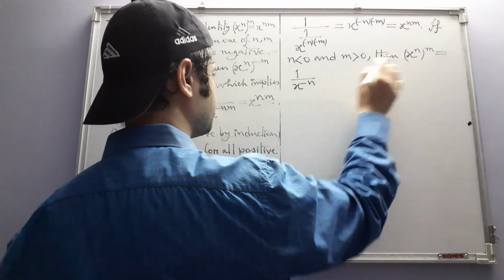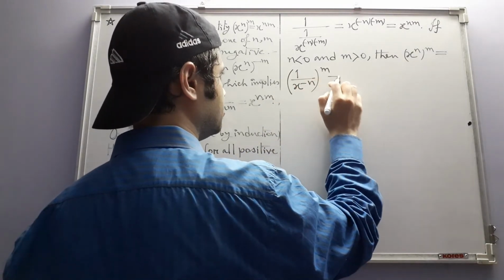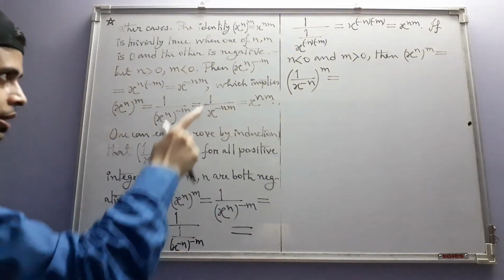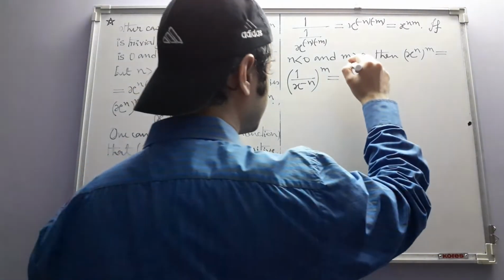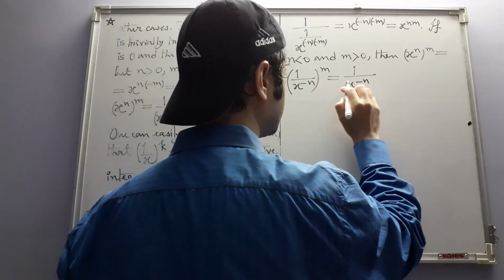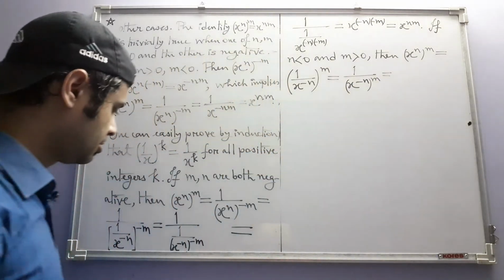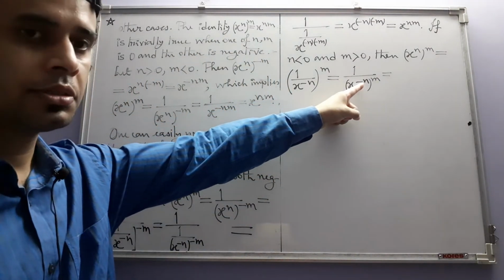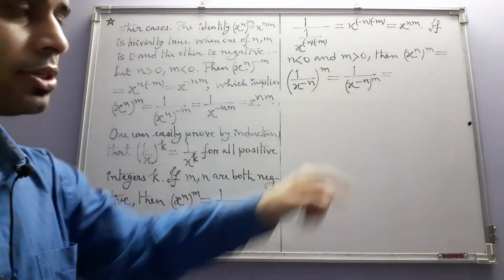By definition, x to the power n is this whole to the power m. Now here you use this formula. Using that we get this. Now minus n is positive because of this, and m is already positive.